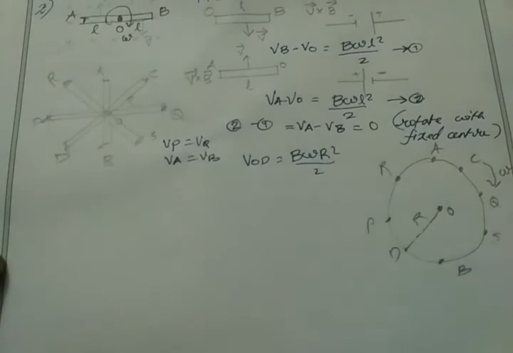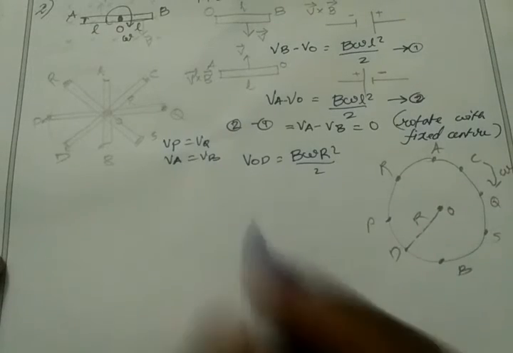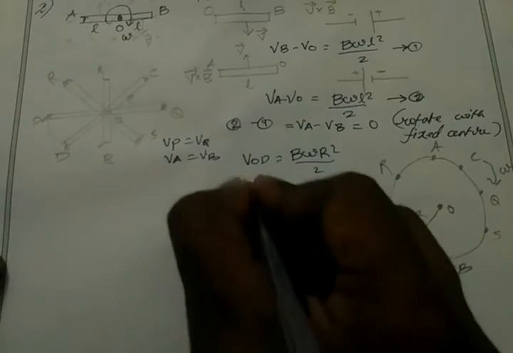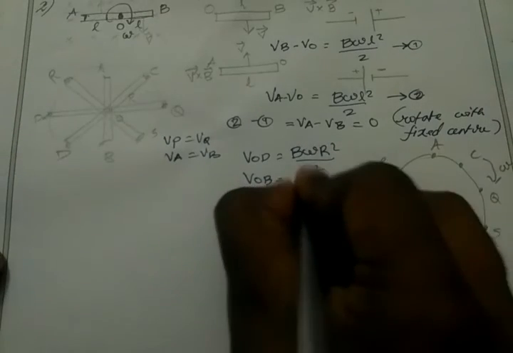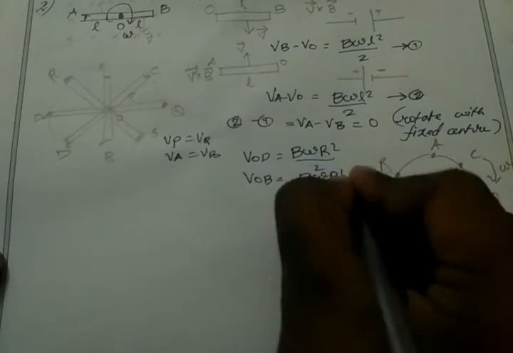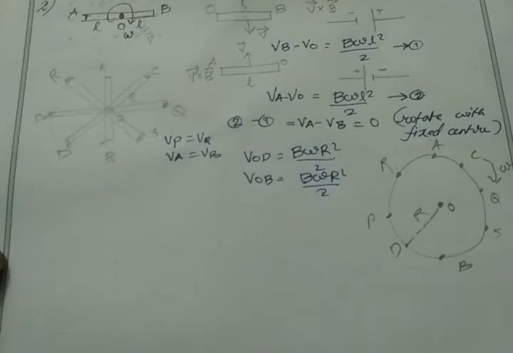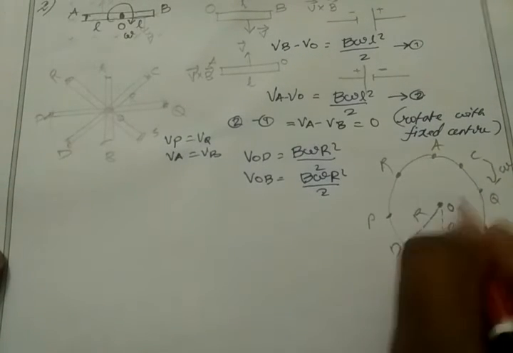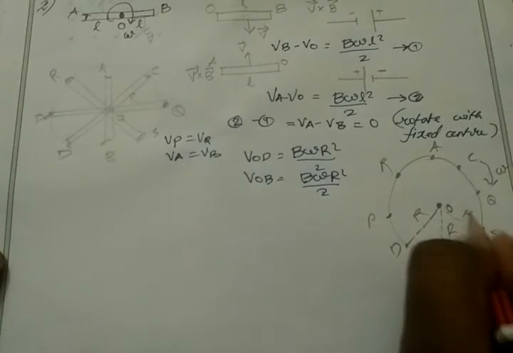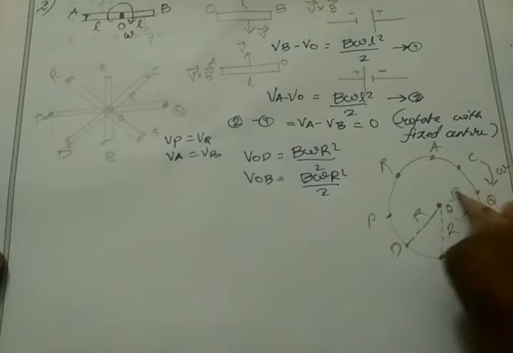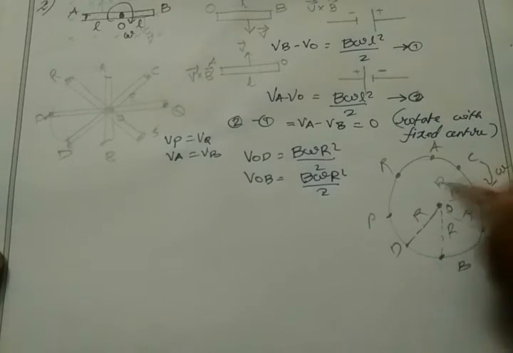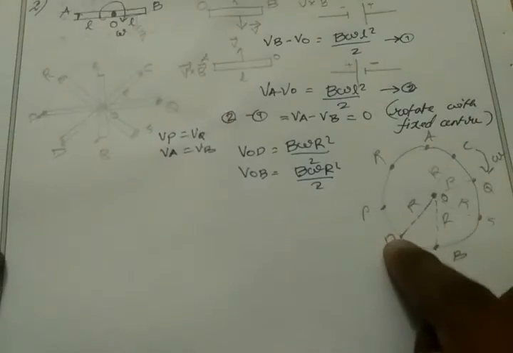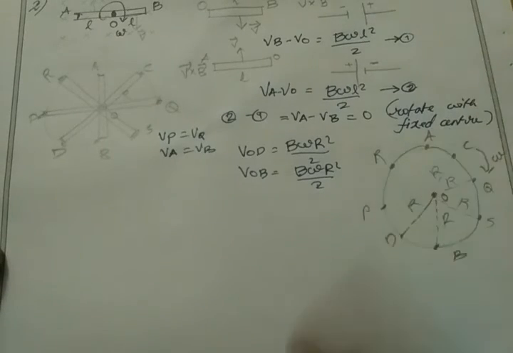Here I take distance as R. If I take VOB, similarly I got the same equation, B omega R square by 2, because the radius again will be R. Okay, so if I take any point, my radius won't change, which means our potential won't change. So the difference between these 2 points, or any 2 points, will be 0. Correct?